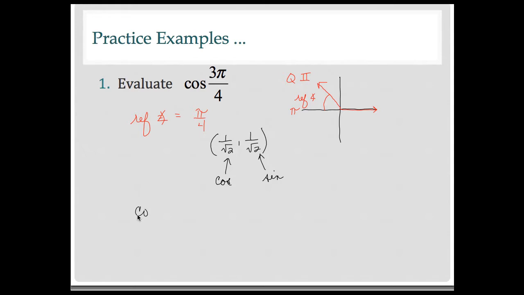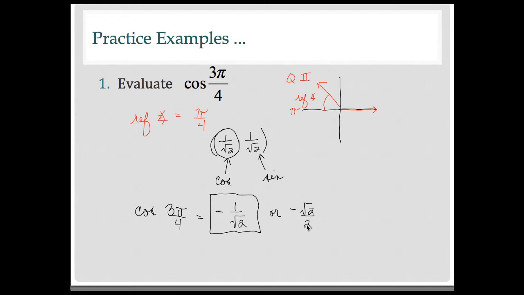So the answer for the cosine of 3 pi over 4, since it's over in the second quadrant, we know cosine is negative, and we just need to grab the x value from our ordered pair. So our answer is a negative 1 over root 2. Of course, you could do it negative square root of 2 over 2 if you prefer.